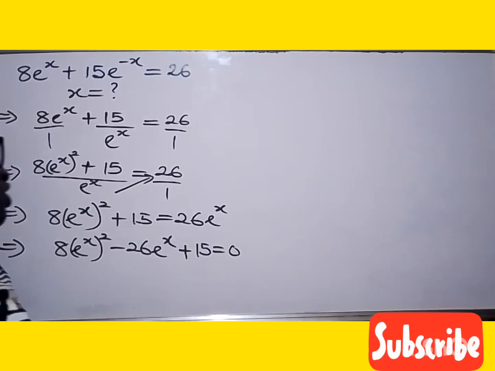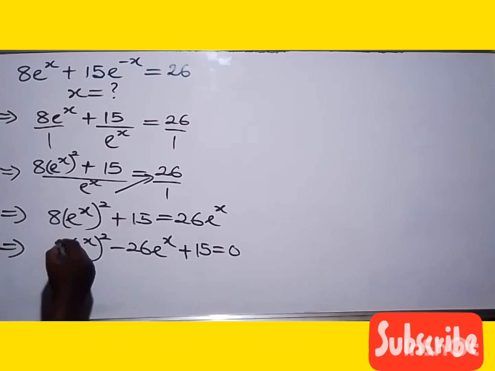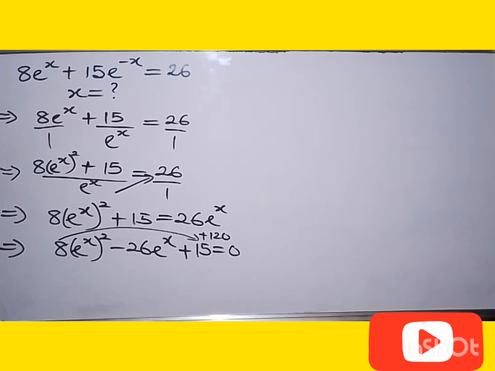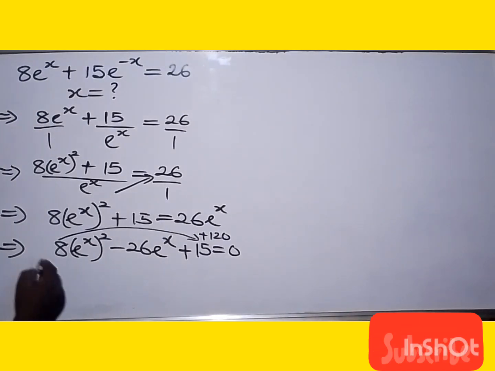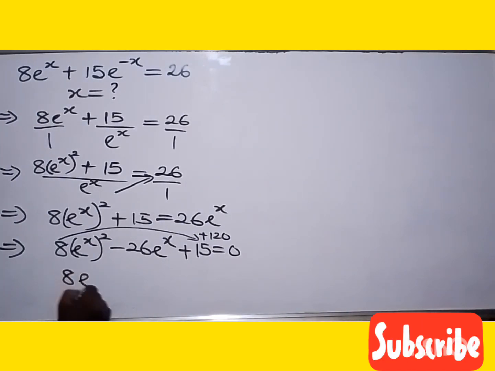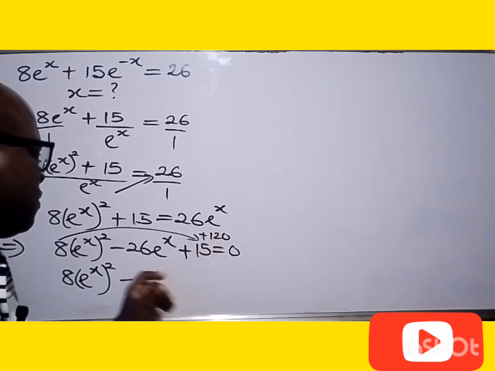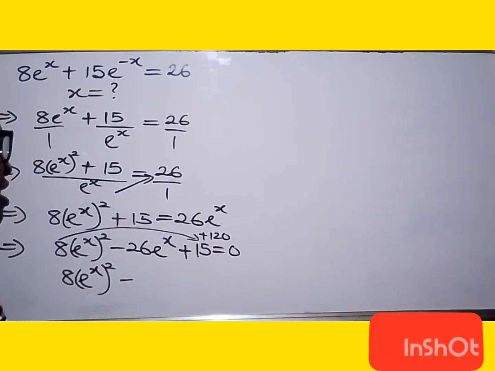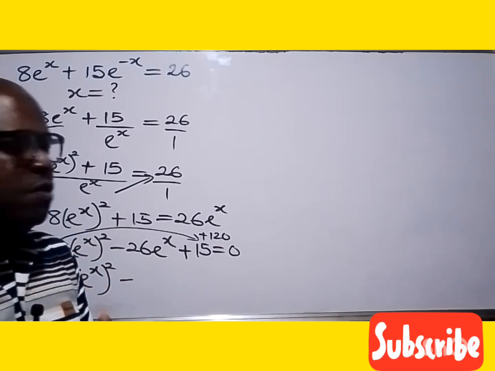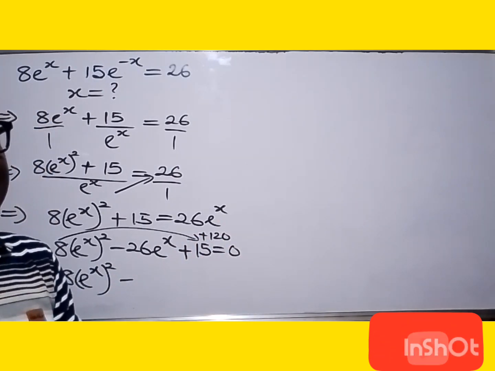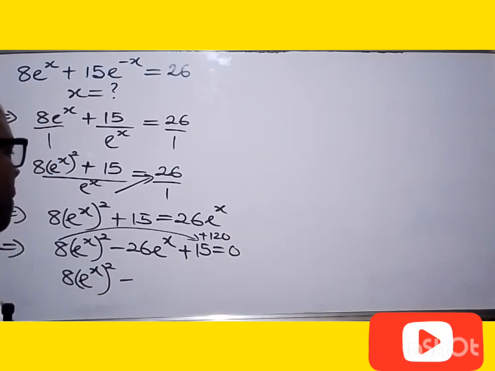If we solve it like this, 8 multiplied by 15 gives us plus 120 here. So we have 8 e to the power of x squared, and we look for two numbers such that when they are multiplied together, we have plus 120, but if they are added together, we have minus 26.